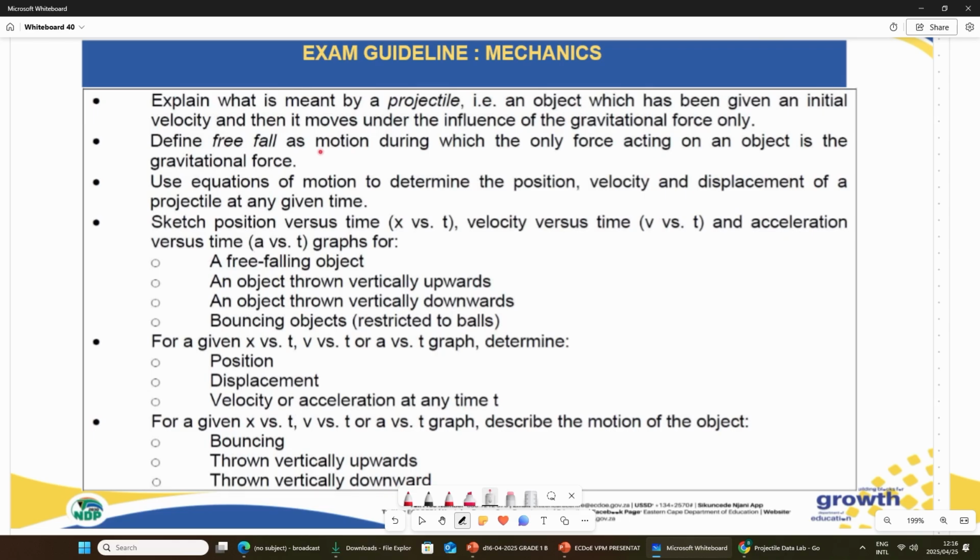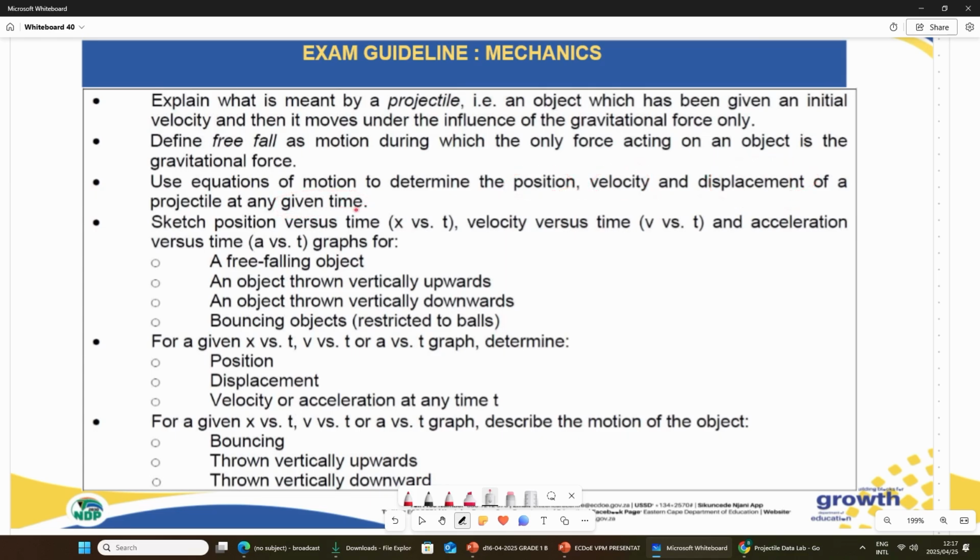This guide is giving us the scope towards the final examination on what we are supposed to know. It says we must know the equations of motion to determine the position, velocity, and displacement of a projectile at any given time.